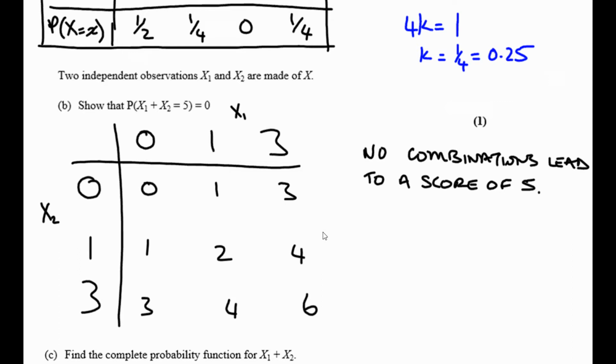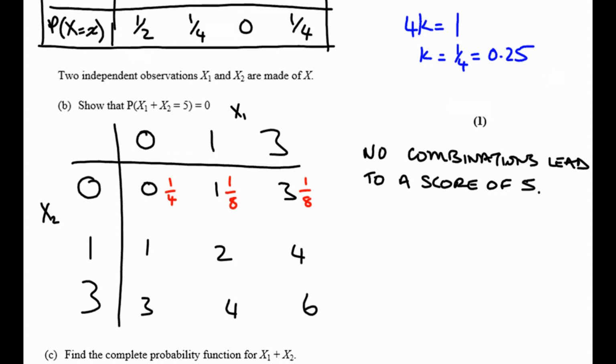It's going to be a half multiplied by a half, which is a quarter. What's the probability of a 1 followed by a 0? It's going to be an eighth. So this is the probability of 1 multiplied by the probability of 0. And finally, the probability of 3 multiplied by the probability of 0 is also going to be 1/8.